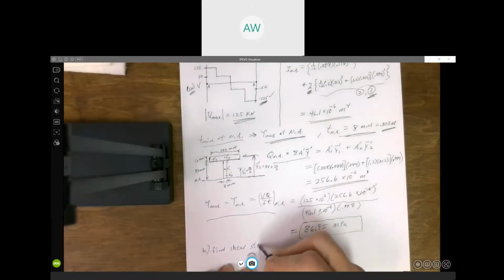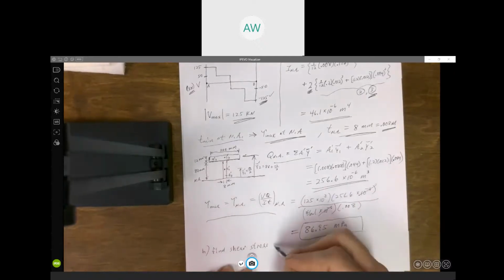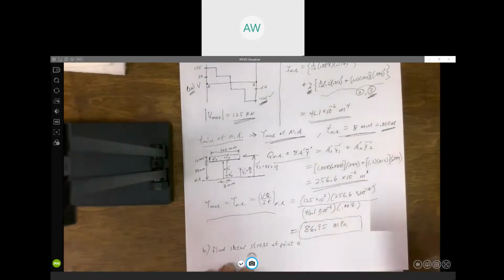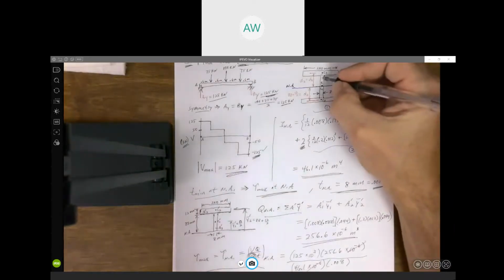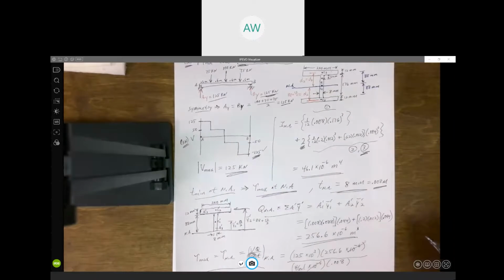We're going to have to get a new sheet of paper to do this at, let's say, point A, where let's say this point A is 3 millimeters below that top flange.